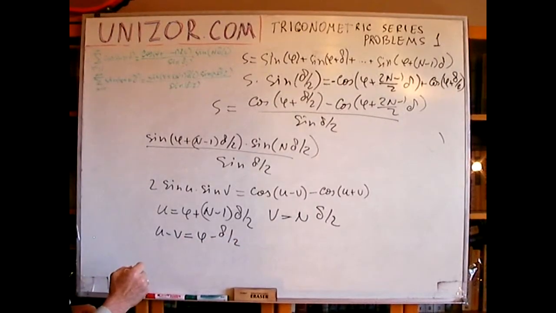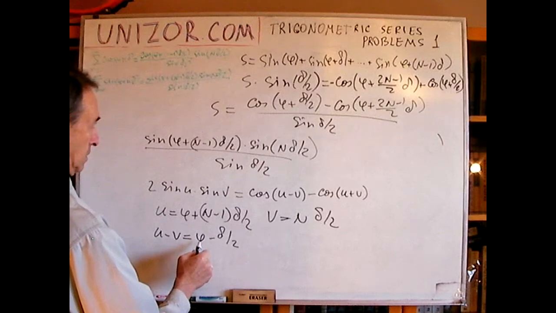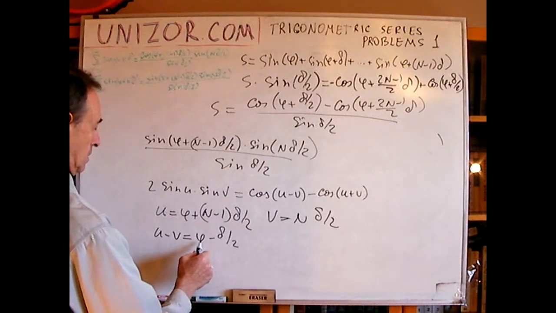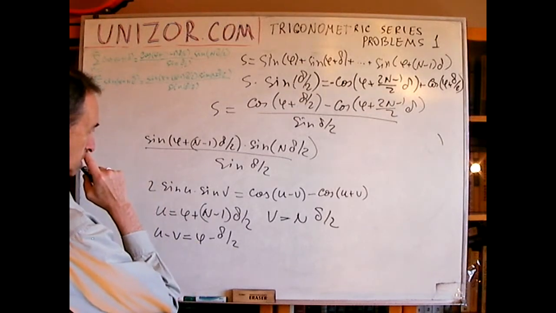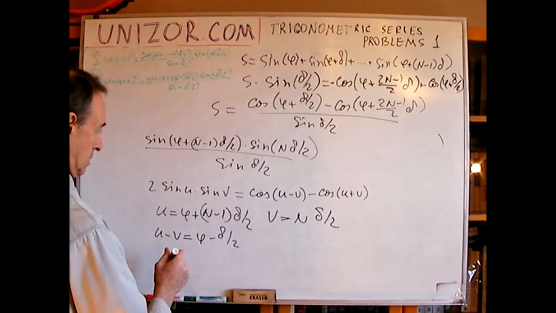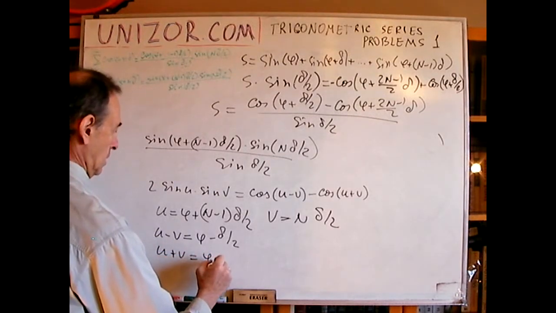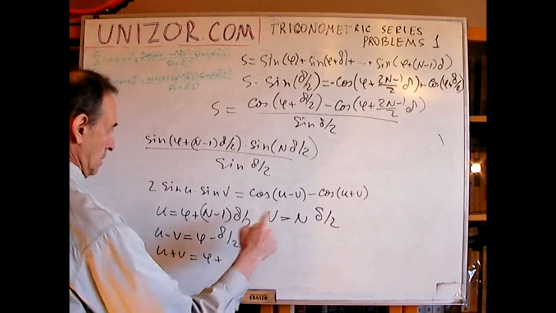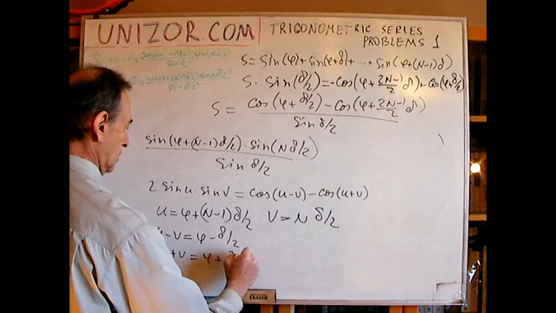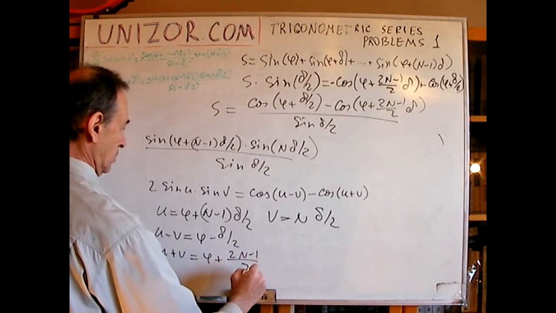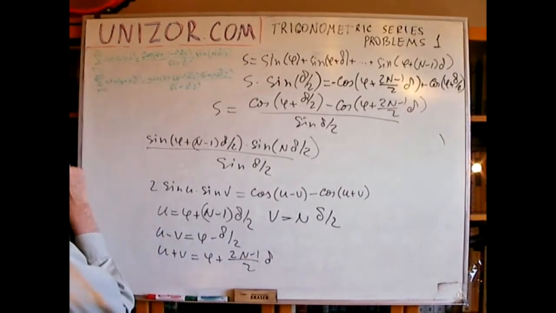Am I right? And u plus v is equal to phi plus (2n minus 1) over 2 delta. Is that right?